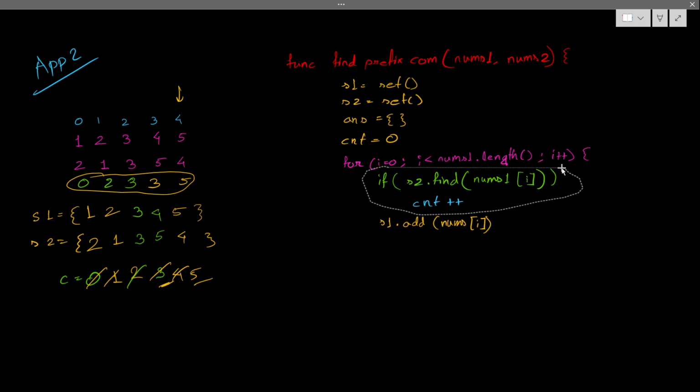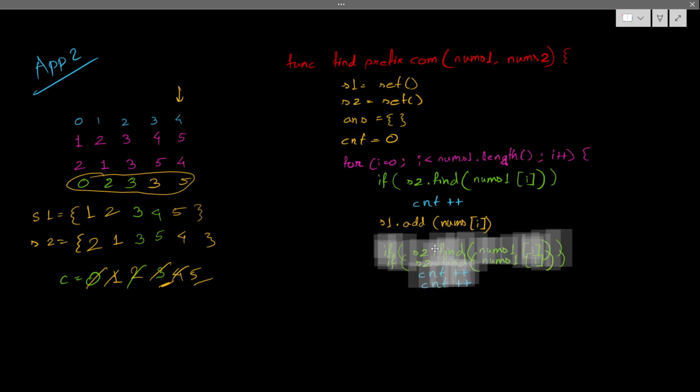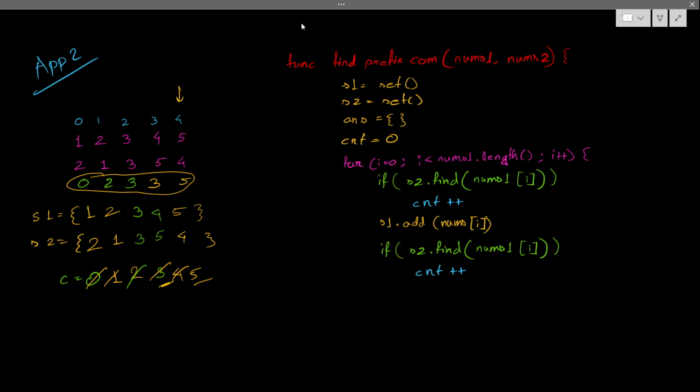After the same condition, I will check for S2. In S2, I have to check if in the AS1 can we find nums2 of I?